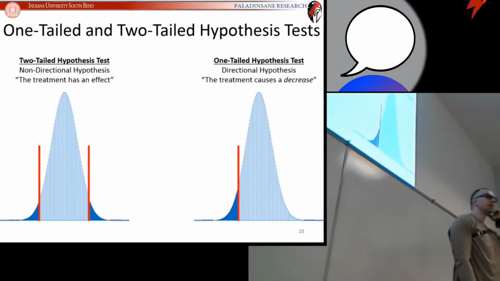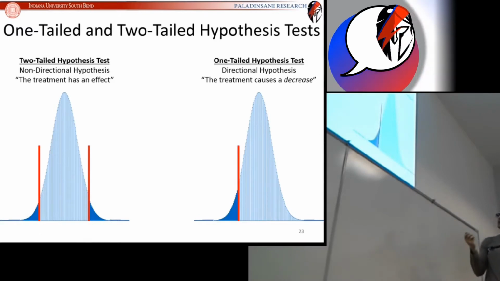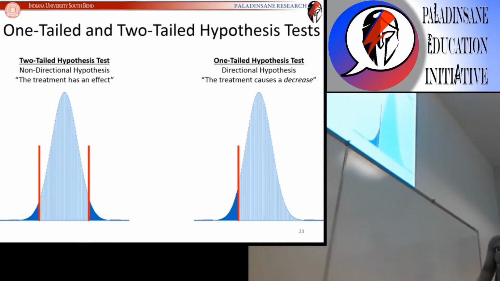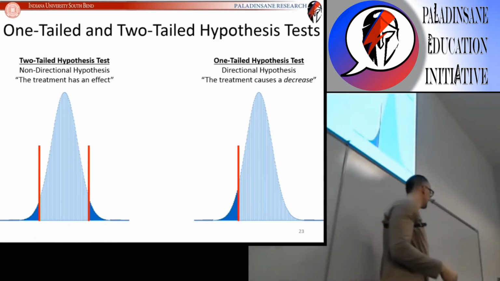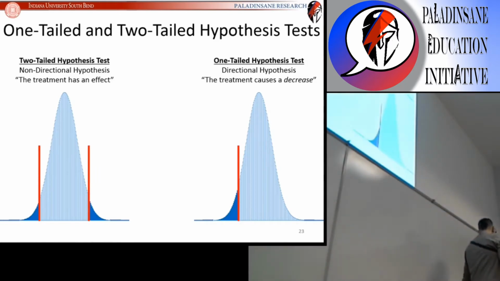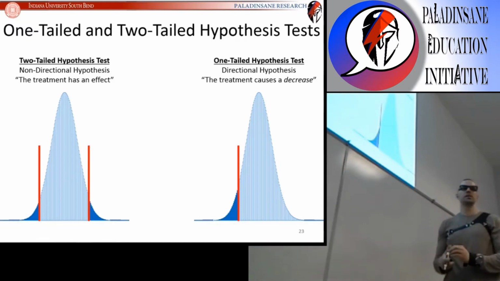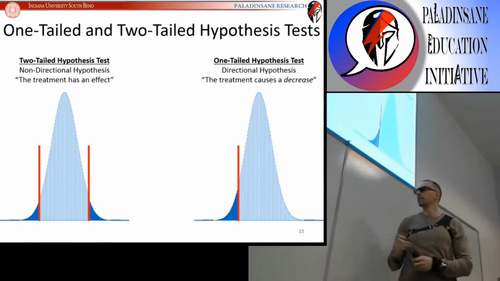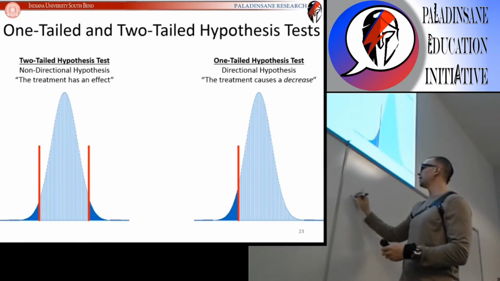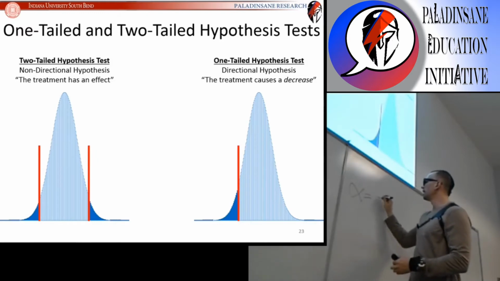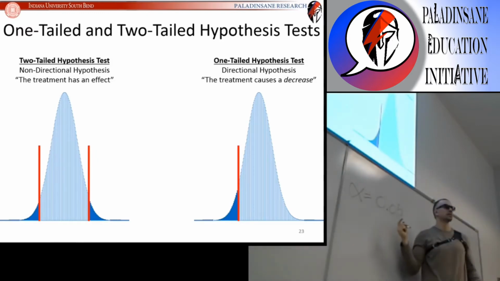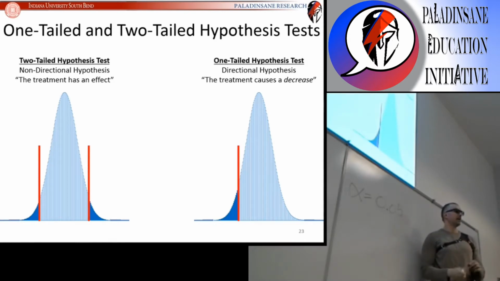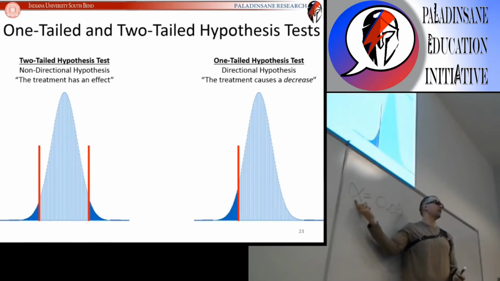So now we need to know, how do we get these lines in the sand? How do we figure out these particular lines in the sand? And the way that we do it, what it's all tied to, is your almighty alpha level. And your alpha level determines the size of your tails. It is so important that it was literally given the name alpha, right?